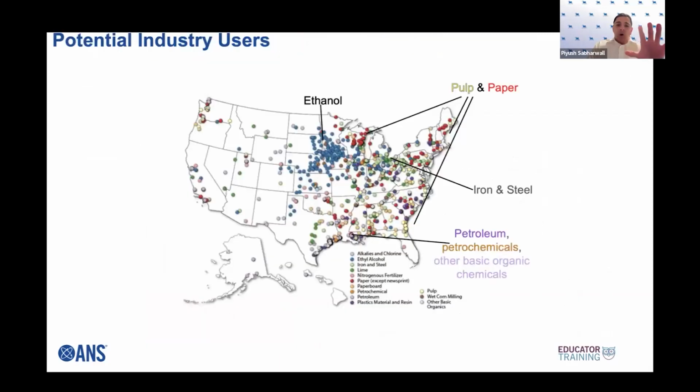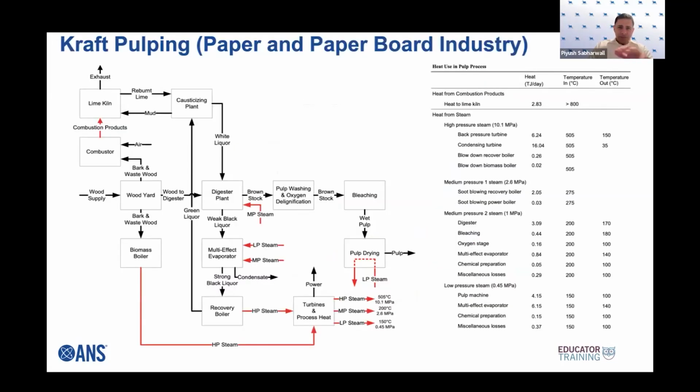So we went through all these industries in detail. When I say details, we looked at their process diagram, their heat requirement, the CO2 emissions, and then based on that, what sort of reactor would meet that need, right? So I'm using an example here, the paper and paperboard industry. Normally, most of them have their own power plant where these industries are located.